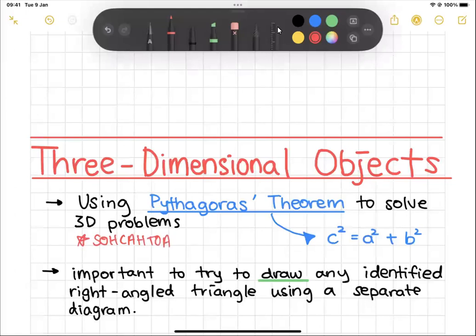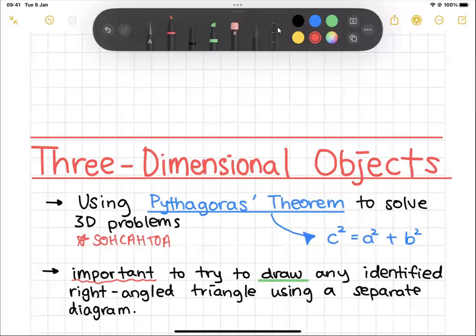My second dot point, which I would like to highlight as very, very important and a really good habit, is to draw any identified right angle triangle, any of them, separate from the main diagram. The reason is that there'll be some questions where they give you the main diagram, and some where they won't, so you need to draw your own diagram.